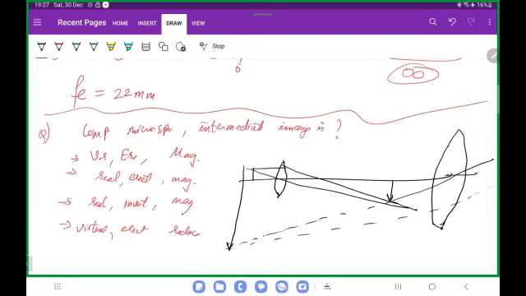This is the first object A, B. So let's take A dash, B dash. This is A double dash, B double dash.